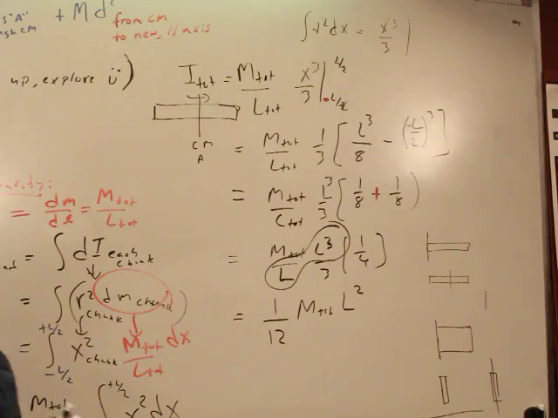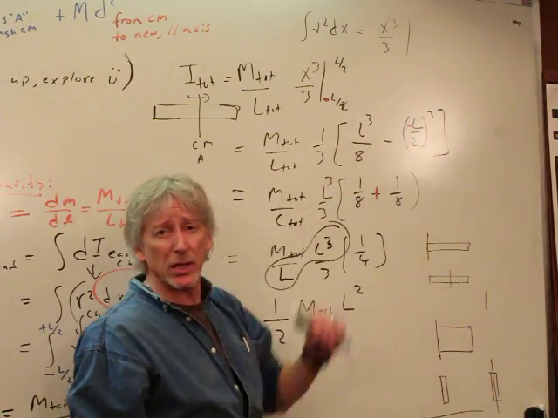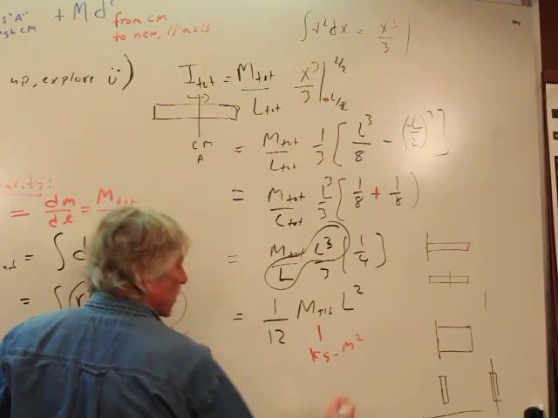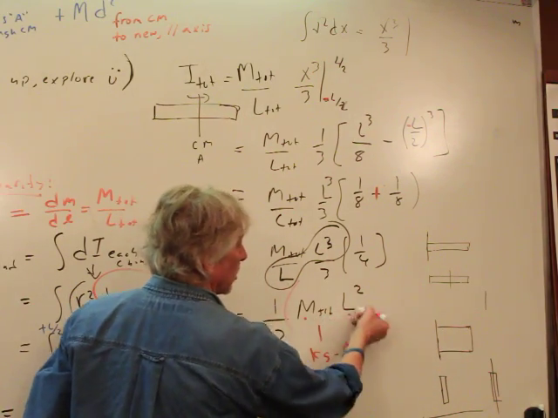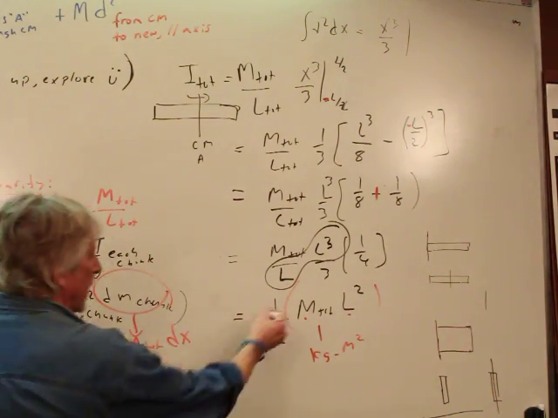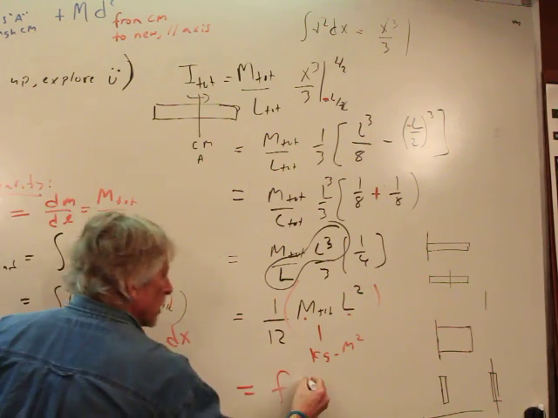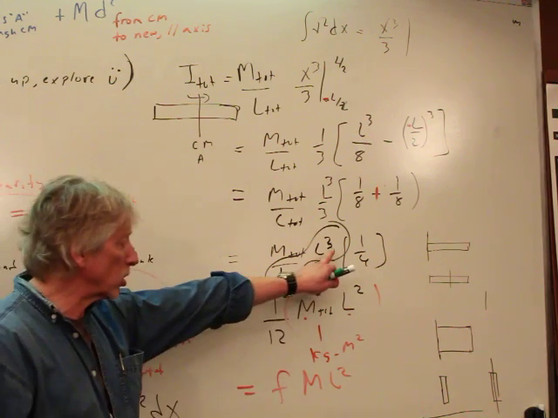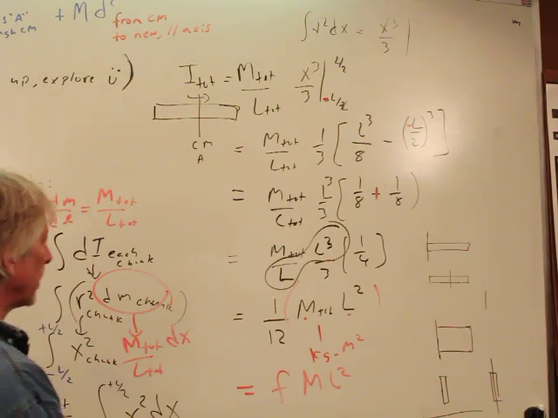I need to go back and make sure I don't skip that step, because I could make that mistake so fast. It has units of, say, kilogram meter squared, so that's good. And so frequently our result is the total mass times the largest length squared times some factor out here. So this has the form of some fraction times ML squared. It can't be L cubed because that's not the units of rotational inertia. But it all worked itself out, didn't it?